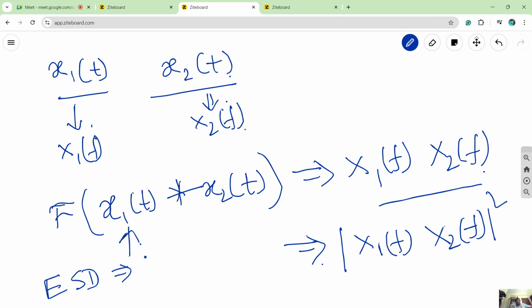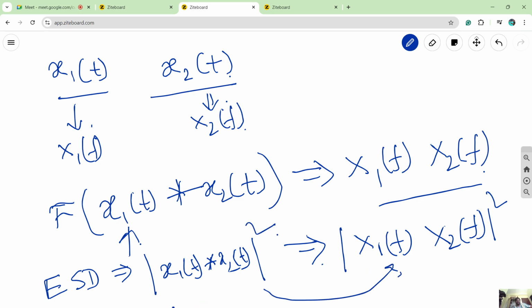If I want to calculate the mod square with respect to t for this signal, if this is the input, then it will have the energy relationship. It will be like this: dt, it will be df, and these two quantities will be equal, from Parseval's theorem.